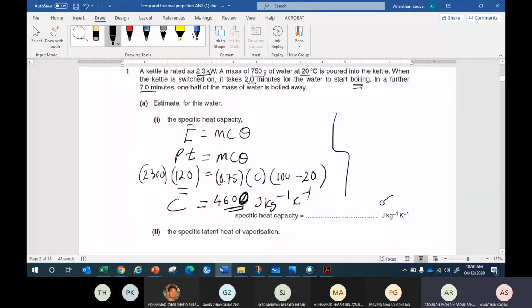We go to the next one. Find the specific latent heat of vaporization. Okay, 2 minutes for you.